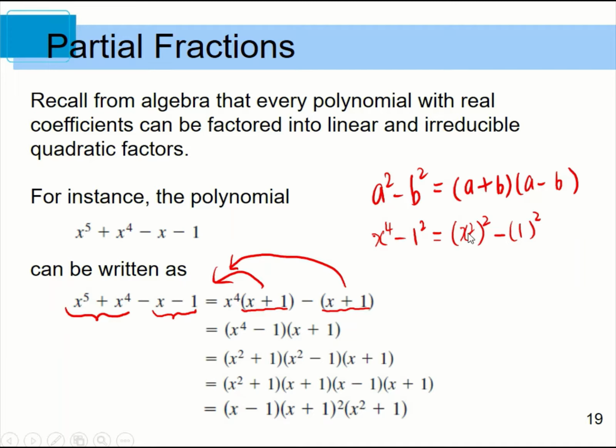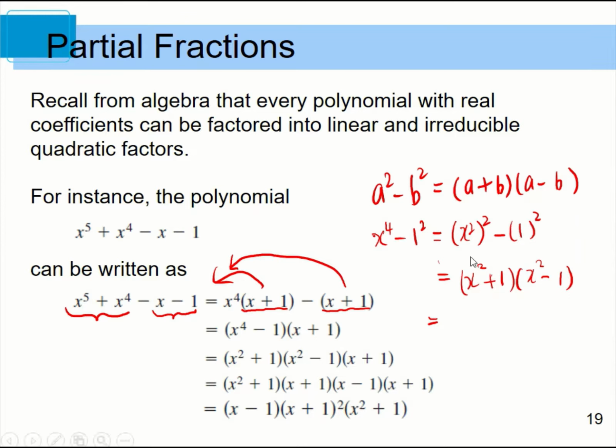Clearly, x squared is the a, and 1 is the b, so it can be factorized into a plus b, a minus b. Of course we will have x squared plus 1 and x squared minus 1. Furthermore, let's look at the x squared minus 1.